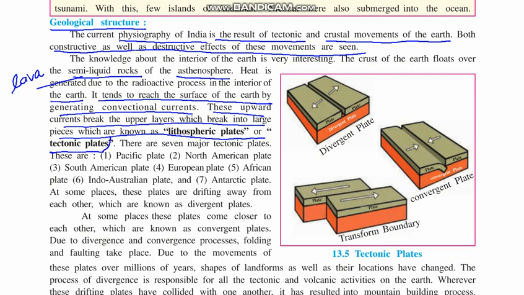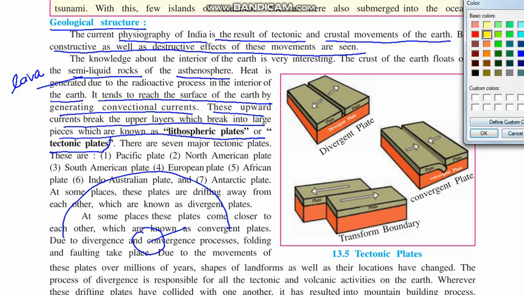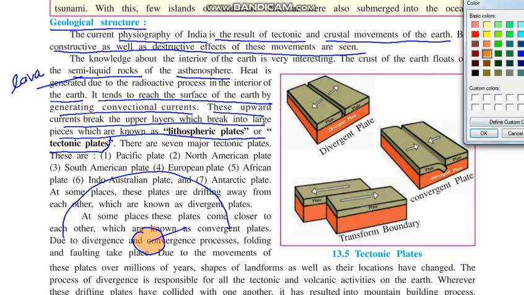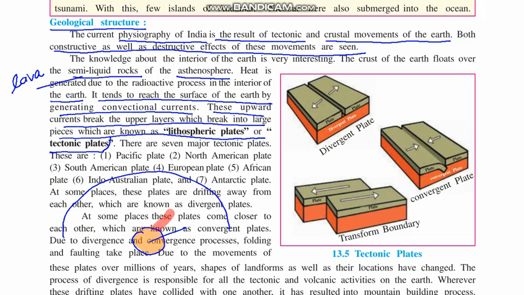Now the surface of the earth is something like this. In the middle of the earth there is the core. The core is very hot, and it continuously gives out heat.